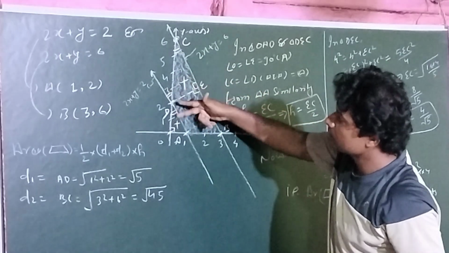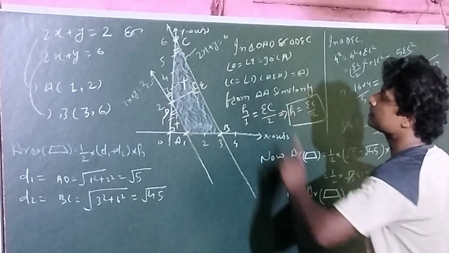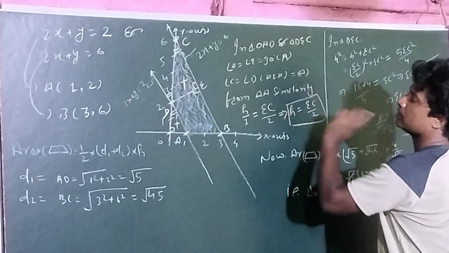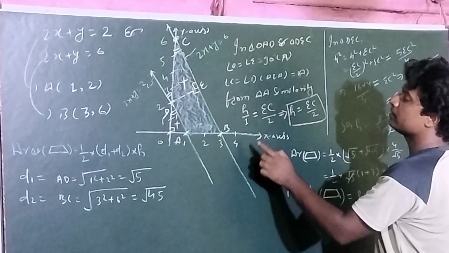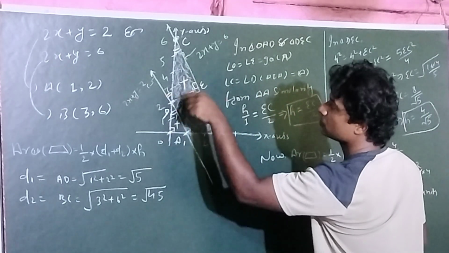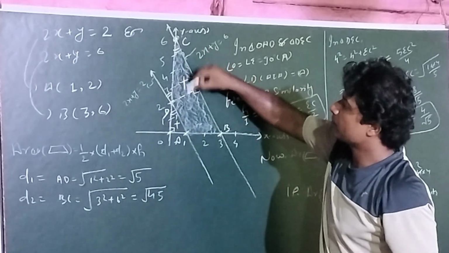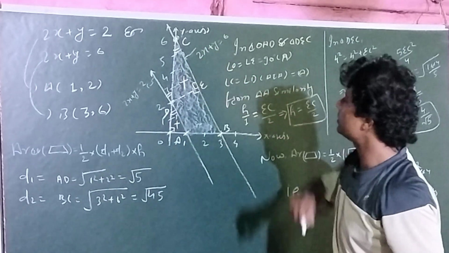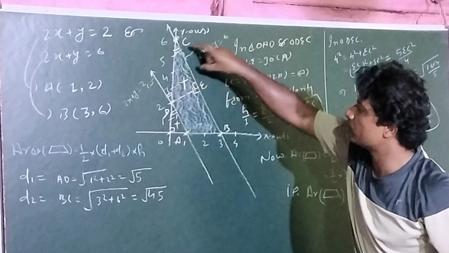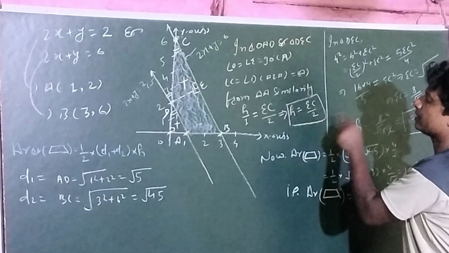Obviously, this angle will be equal to this angle from the opposite side. So also angle C will be equal to angle D. From AIA similarity in these two triangles, h over 1 equals EC over 2. So h equals EC by 2.